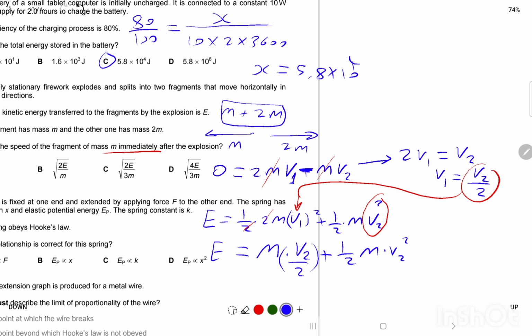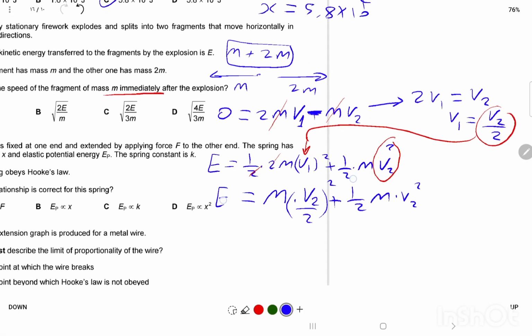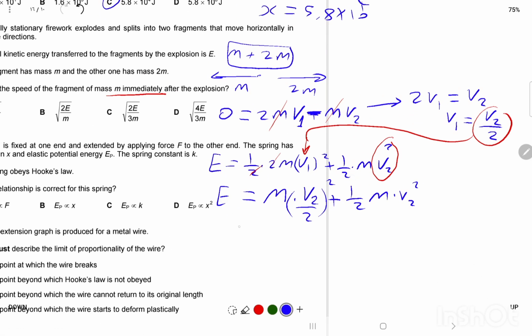Of course, here you have also squared. If you continue now simplifying, you get energy is equal to 1 over 4 mv2 squared plus half mv2 squared.